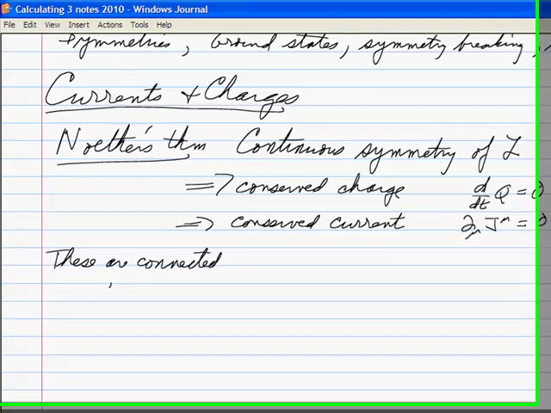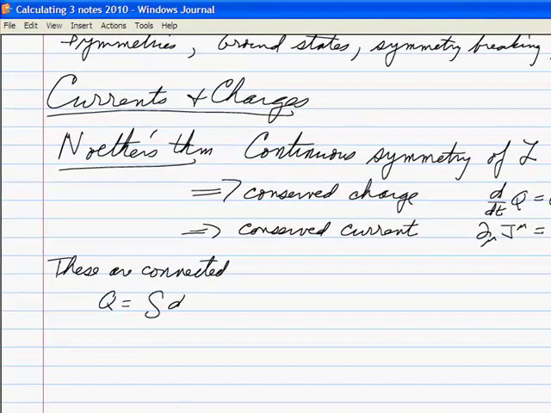Okay, the charge is the integral d3x of the time component of the current, so that if you have one, you have the other, and you have the conservation rules are also the same.